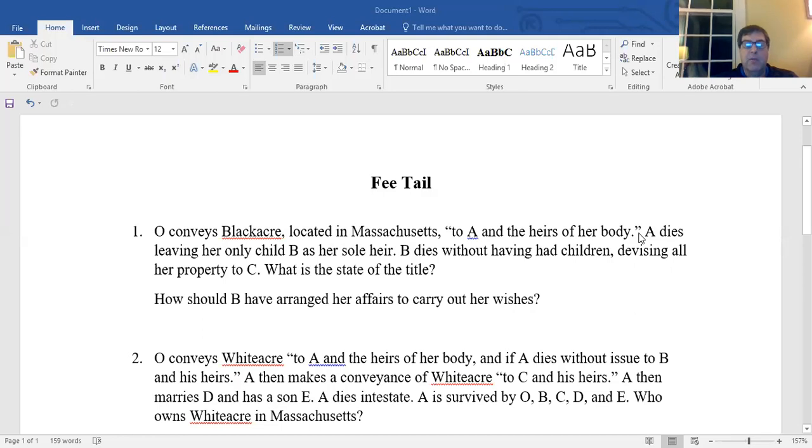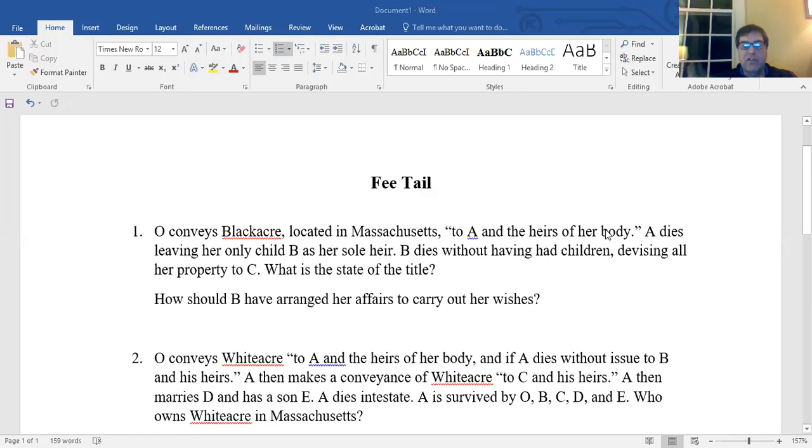Remember, the vested estate that O had was a fee simple estate in Blackacre. The vested estate that O conveyed in Massachusetts was a fee tail estate, which is lower on the hierarchy of estates and therefore is an estate of a lesser quantum than the estate that O had. Since O has conveyed a vested estate of a lesser quantum than the vested estate that O had, O has retained a reversion under Professor Syme's formula.